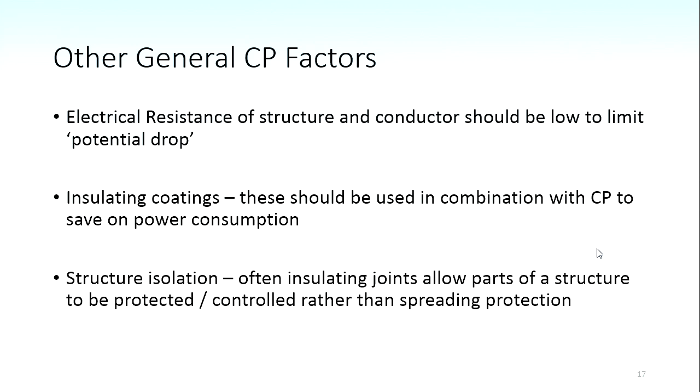I think we also talked about the general factors. Is this a slide you recognise? No? Okay, right. So this is just a note about the overall electrical resistance and making sure that R is low so that we don't get too much potential drop across the system.